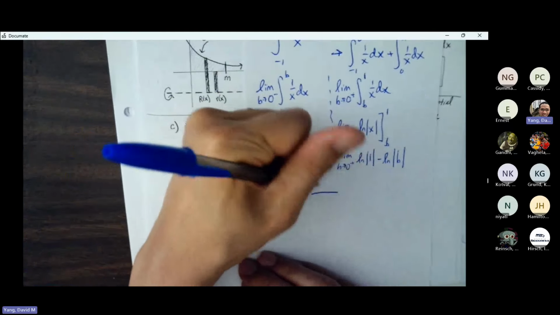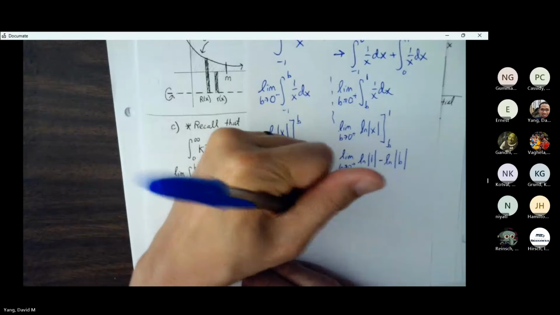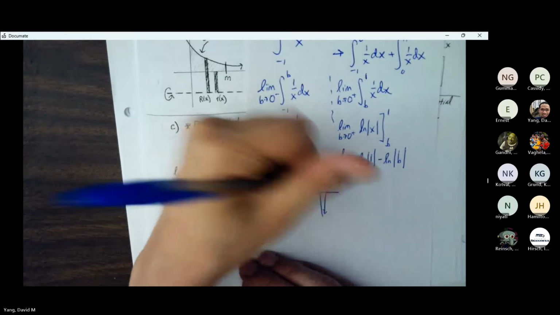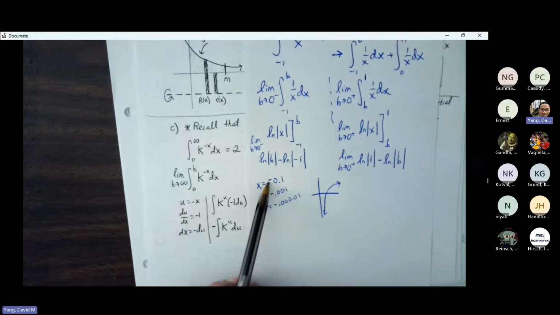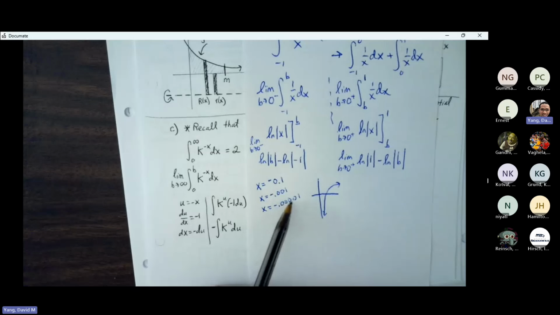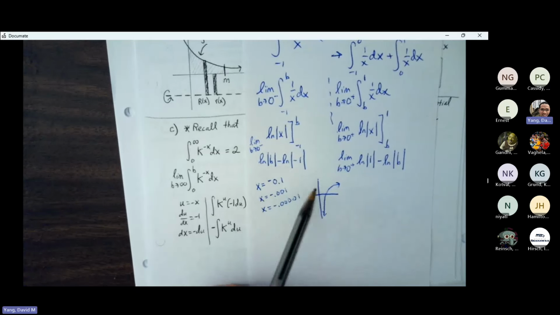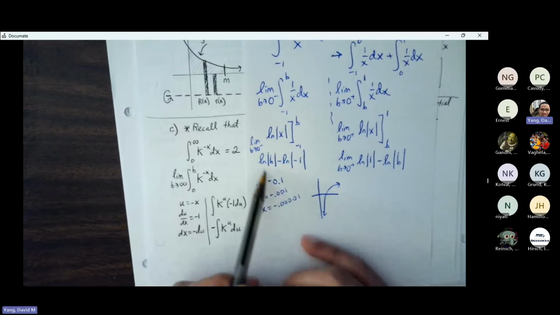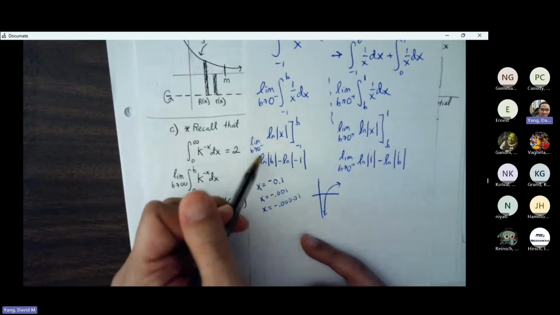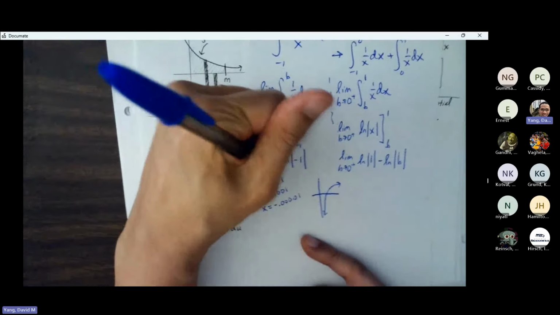If you think about our natural log graph, as we get closer and closer to 0, the natural log of 0.001, 0.0001 is all headed down towards -infinity. So this is going to diverge to -infinity.